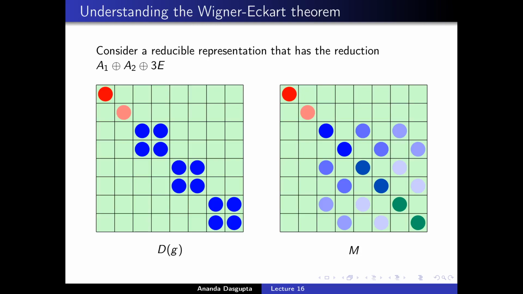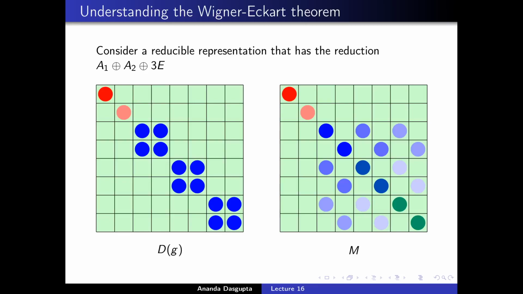Everything else in that row and that column is 0, which immediately tells me that the corresponding basis vector is going to be an eigenvector, and the eigenvalue is going to be given by whatever the top left corner element is. The same goes for the next element down the diagonal, which also is sitting on its own. These are the cases which correspond to the two 1D irreps which occur only once.